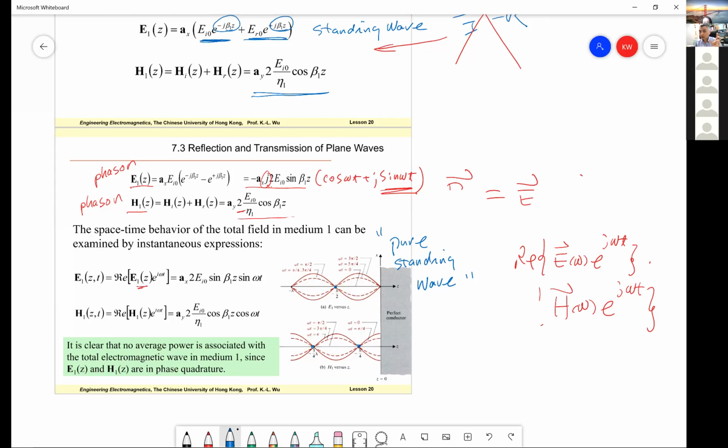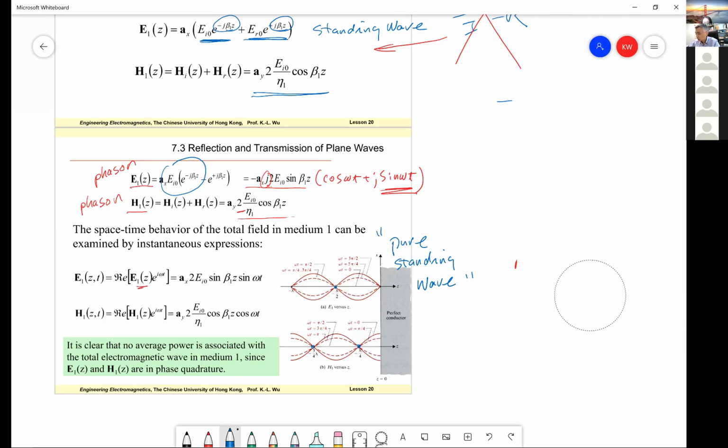By the way, let's say this is a traveling wave. So with that, the incident wave is a traveling wave.